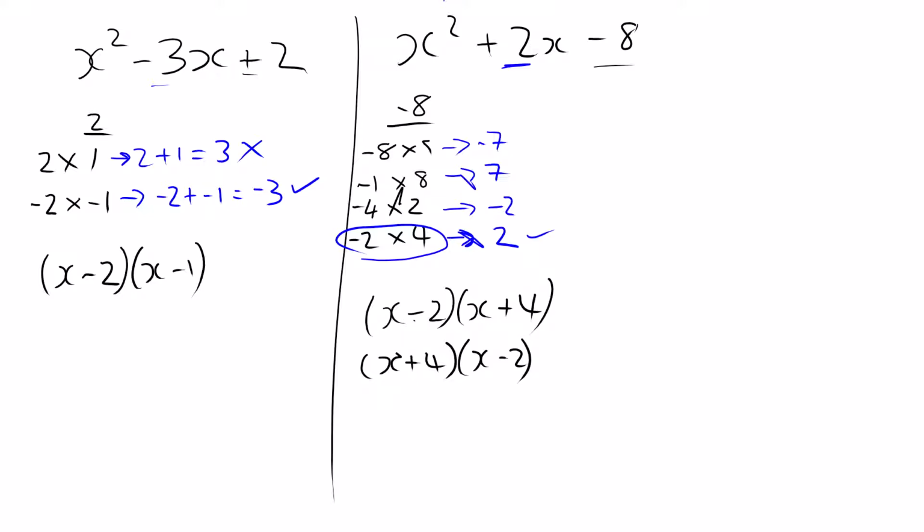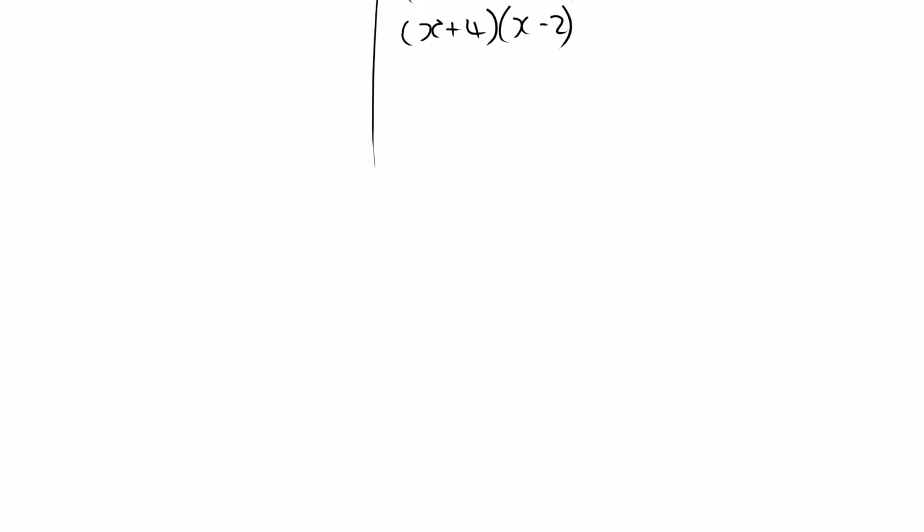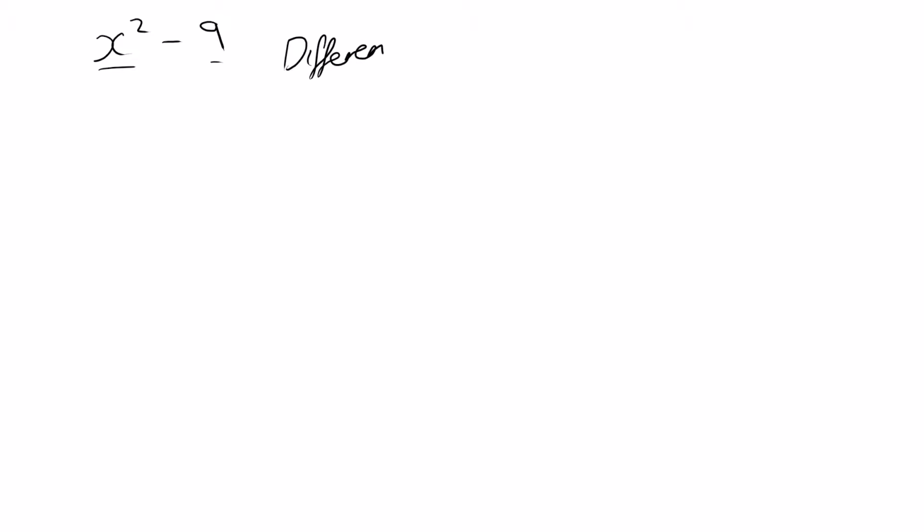Now there are a couple of simpler or different variations. So if we have the quadratic x squared minus 9, here we don't have an x term, but there's something special about this, that both x squared and 9 are square numbers. So this is called the difference of two squares.